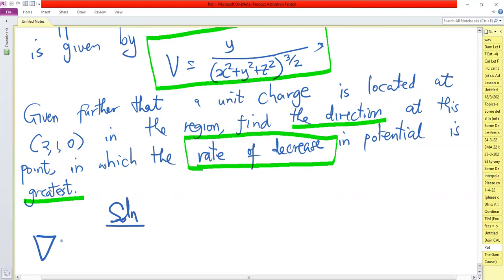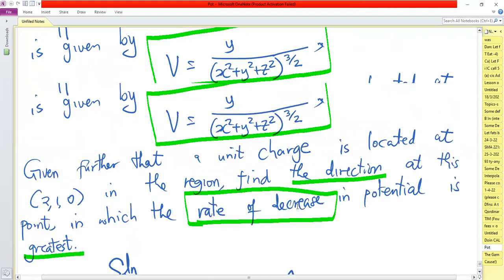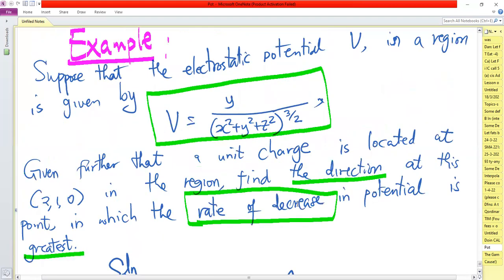The gradient of V is the same as partial V partial x i plus partial V partial y j plus partial V partial z k. Please note that electrostatic potential is a scalar quantity or a scalar field.